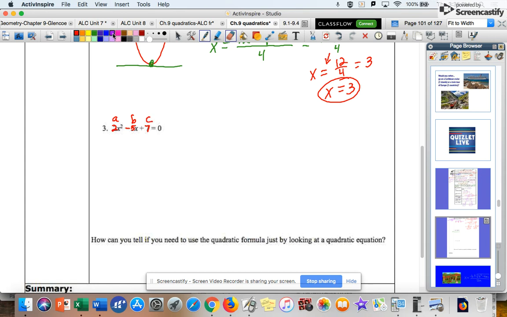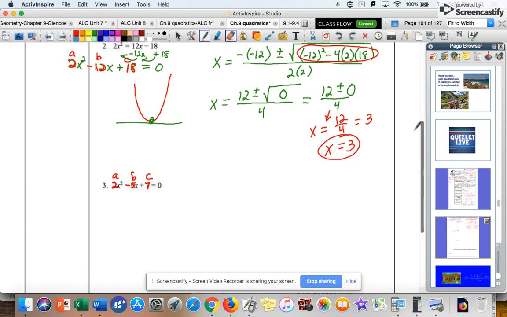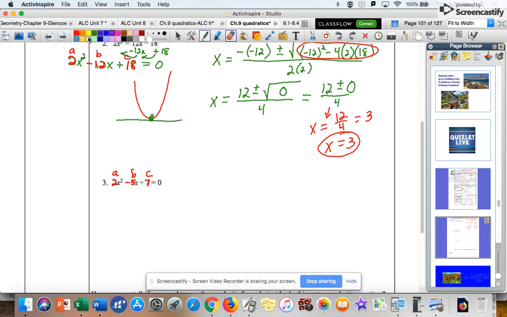All right, let's switch over to, let's see, what haven't I used here? I used purple, green. All right, let's go with blue. All right, so x equals negative b, so the opposite of negative 5, plus or minus the square root of b squared minus 4 times a times c, all over 2a.